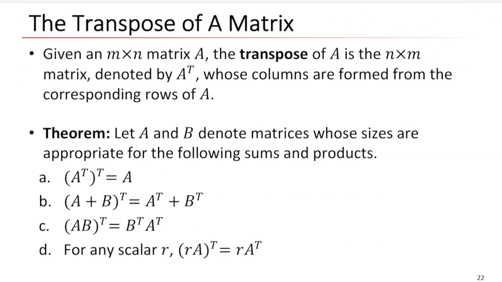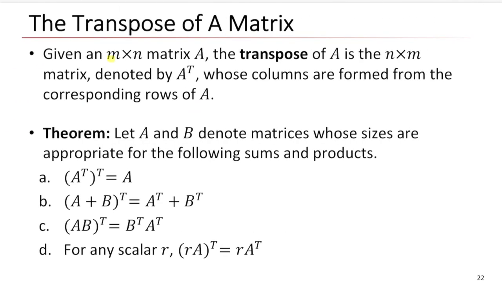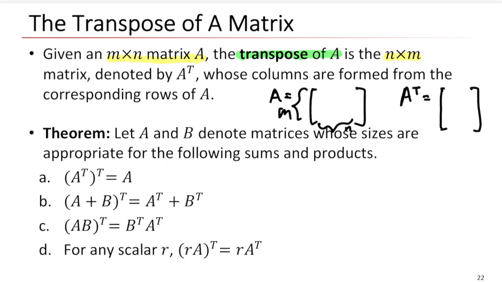There's one more concept, the transpose of the matrix. For an m by n matrix A, the transpose of A is n by m. So let's say this is m by n, the transpose A should be n by m.